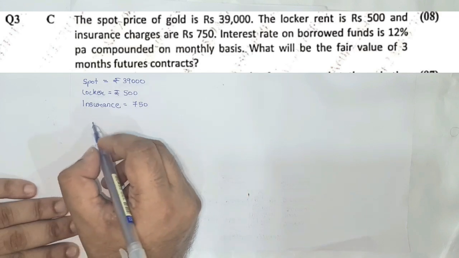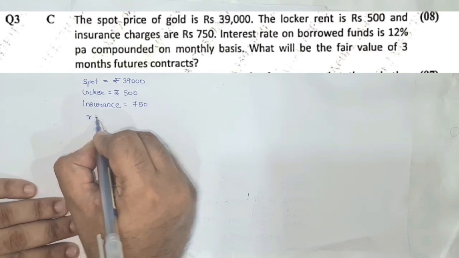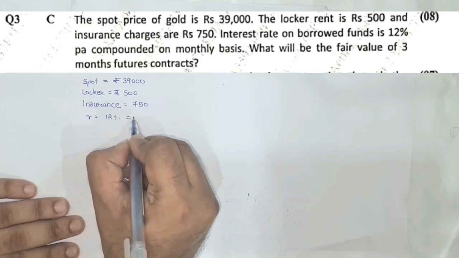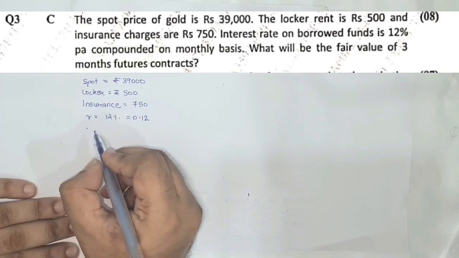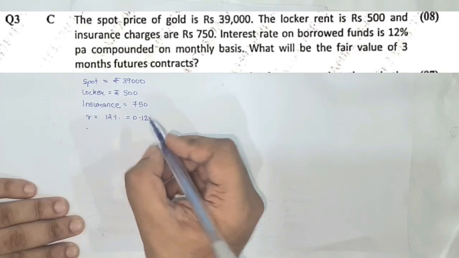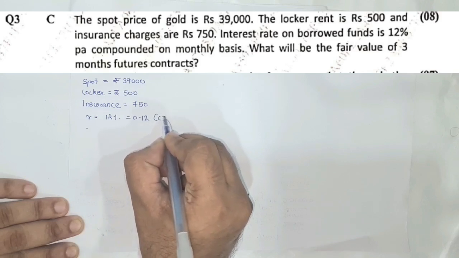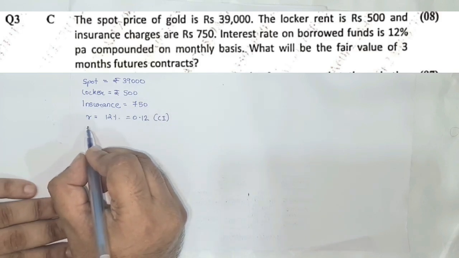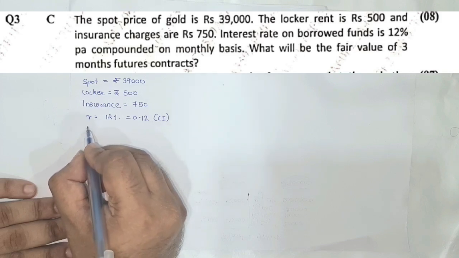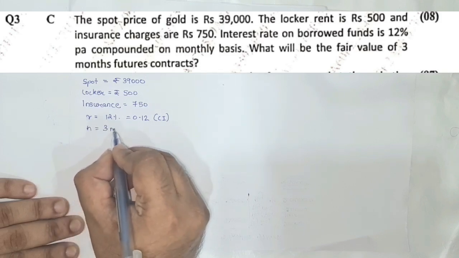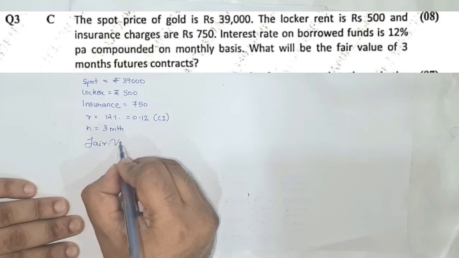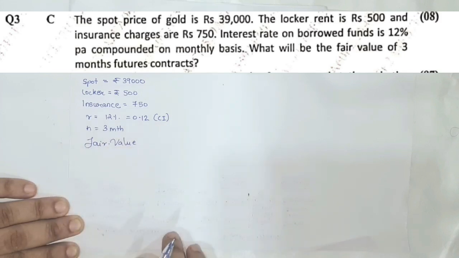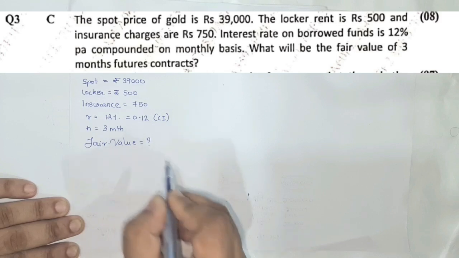They're giving the interest rate, so rate is equal to 12%, which is nothing but 0.12. They told you the interest is compound interest, so I'm writing CI, compound interest based. The number of months, N, is 3 months. And they're asking us to find the fair value.